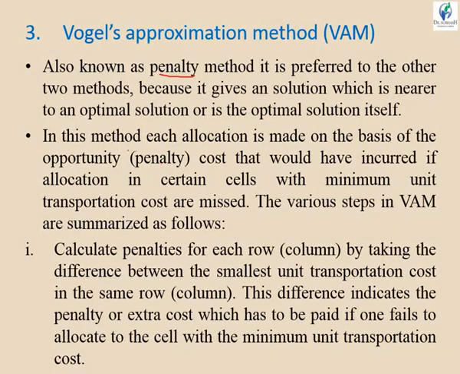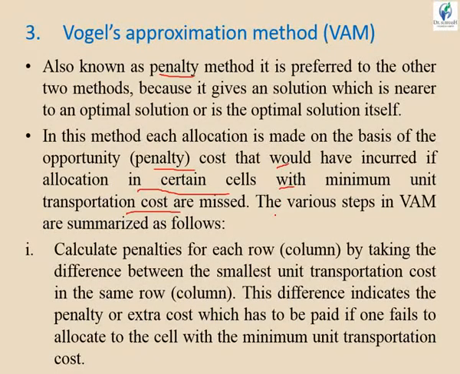In this method, each allocation is made on the basis of the opportunity or penalty cost that would have been incurred if the allocation in certain cells with minimum unit transportation cost is missed.